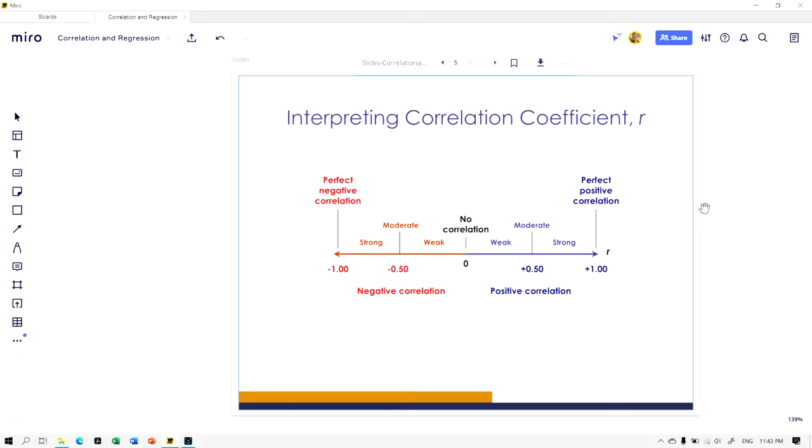The higher the value, the stronger the relationship. The value of R ranges from -1 to +1, where -1 denotes a perfect negative or inverse correlation, and +1 denotes a perfect positive or direct correlation.